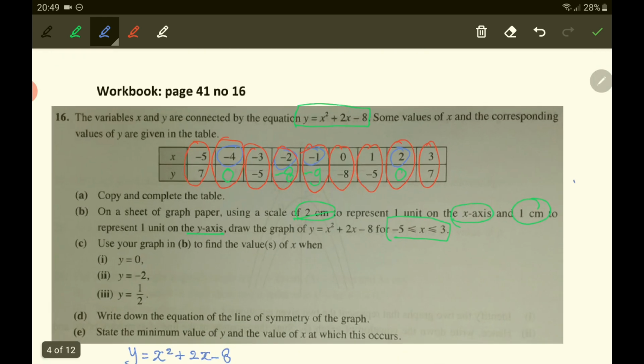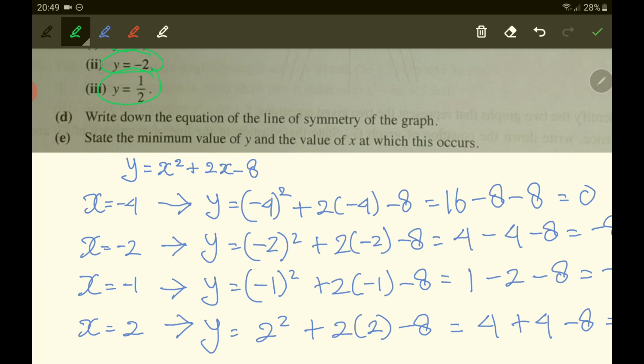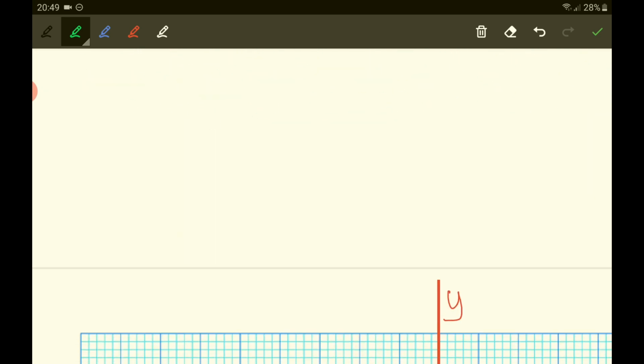Okay, so next here is the C part. Use your graph here to find the value of x when y equal to 0 and then y equal to minus 2, y equal to 1 over 2. So this one, 0, minus 2 and 1 over 2, yeah.